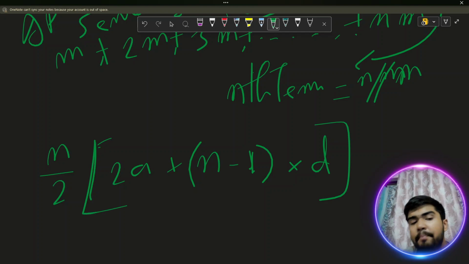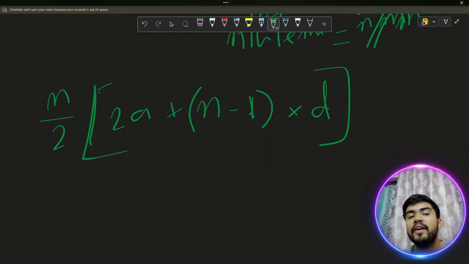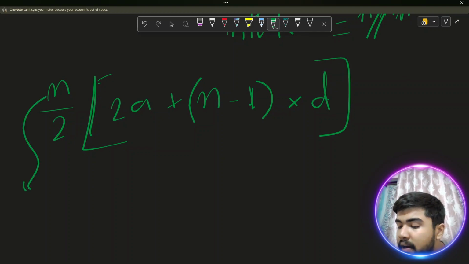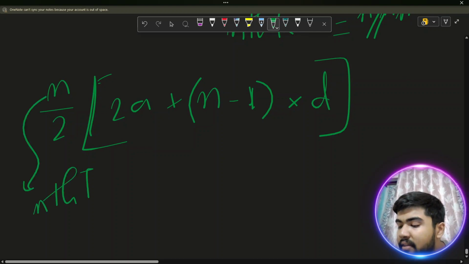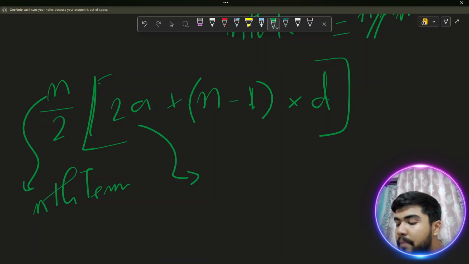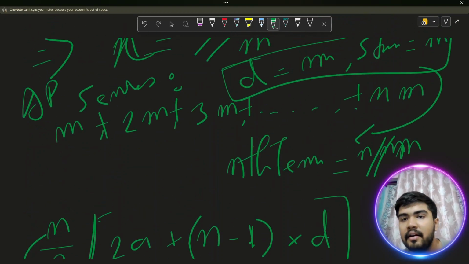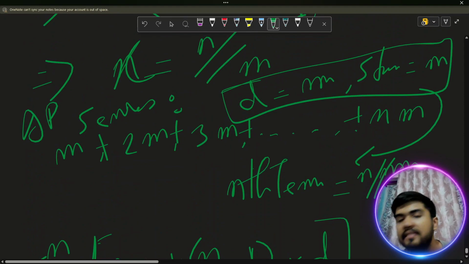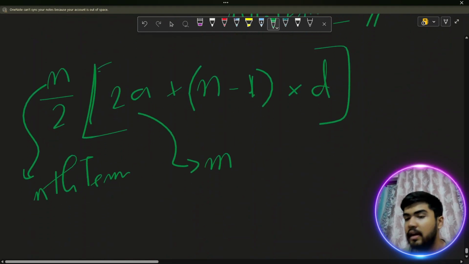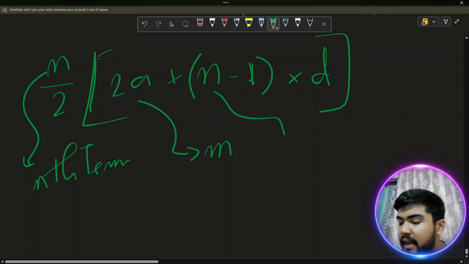So now if I replace the variables with my specific variables here, n is going to be replaced with nth term, which we have already defined. a is going to be replaced by m, as we have already discussed. For our case, a is basically the start of the AP series, and n again is the nth term.